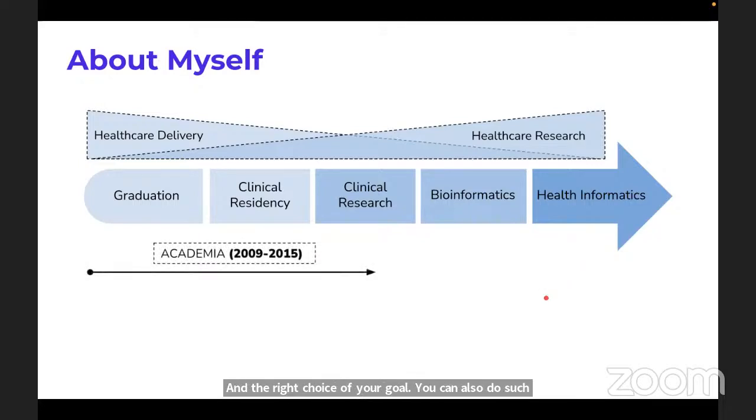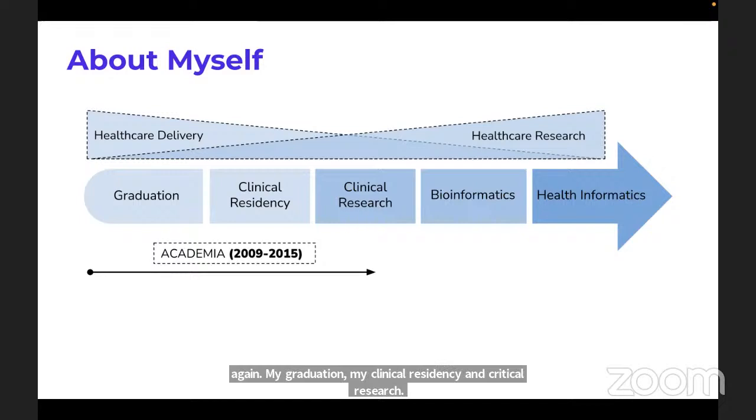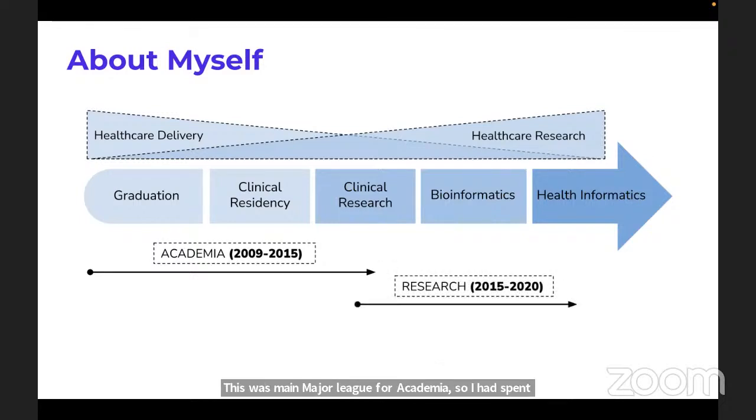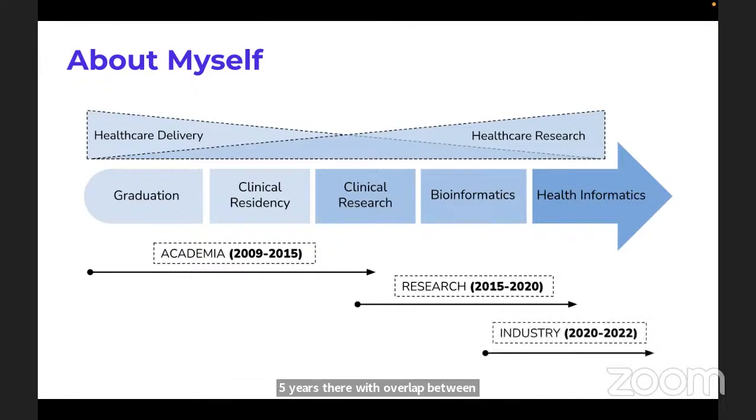My graduation, clinical residency and clinical research were majorly for academia. I spent almost 6 years in academia, and research for the coming 5 years, with some overlap between academia and research. Only for the last 2 years I have been in the industry.